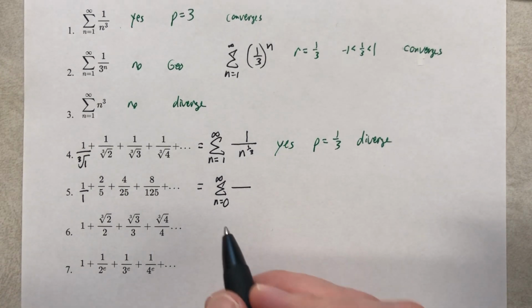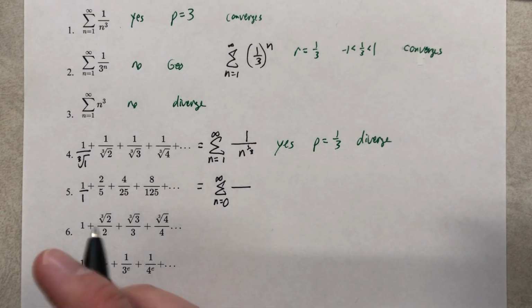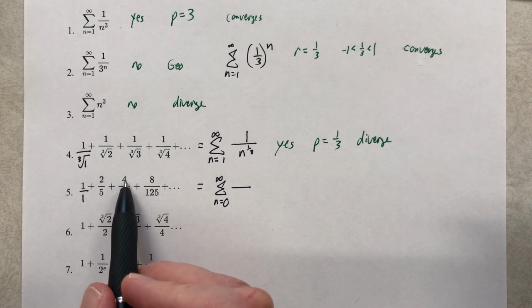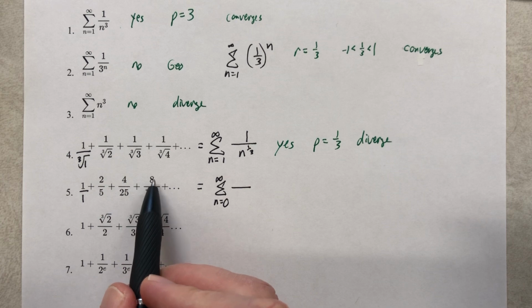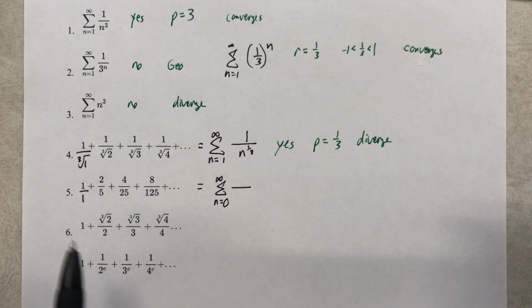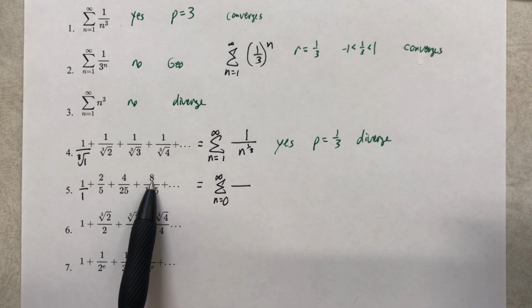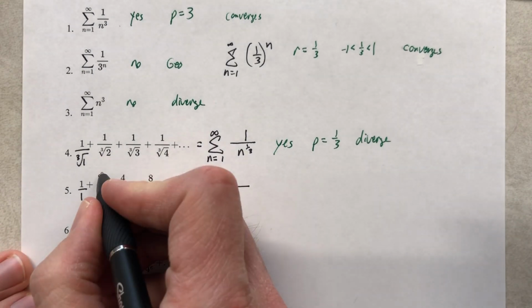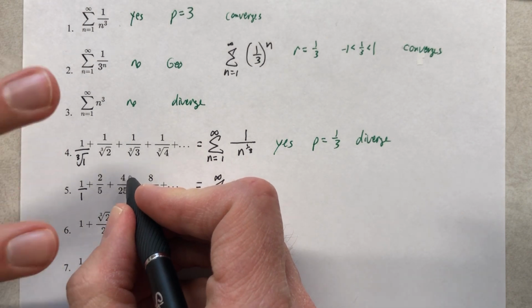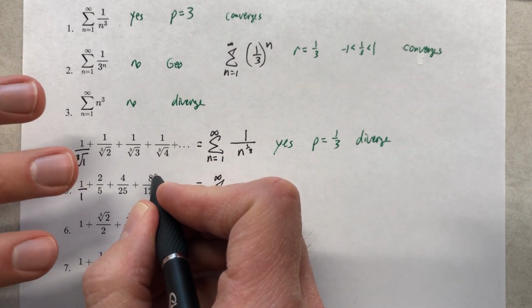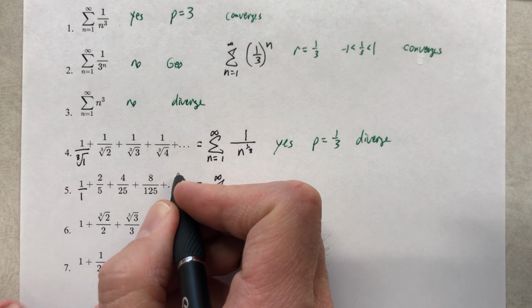Well, let's think about it. Let's look at the numerator, actually. 2, 4, 8, all right? Clearly the next one's 16. Let's think of powers of 2. That's 2 to the 1. That's 2 to the 2. That's 2 to the 3. Next is 2 to the 4, but that's the 5th term.